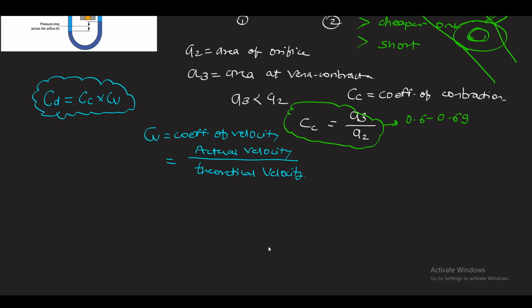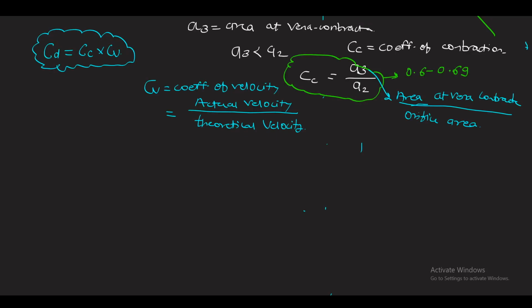Then what is the Cc? Cc is nothing but the area at the vena contracta divided by the orifice area, correct? Then what is the value of Cc? The value of Cc is 0.6 to 0.69. What is the value of CD for the orifice meter?